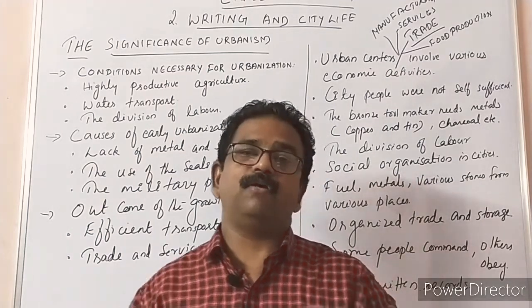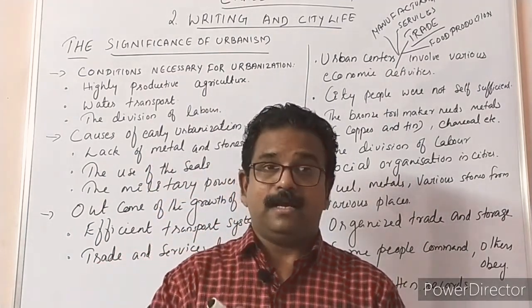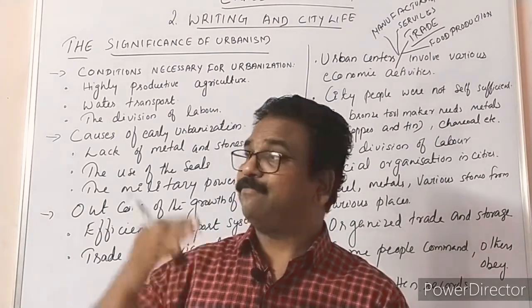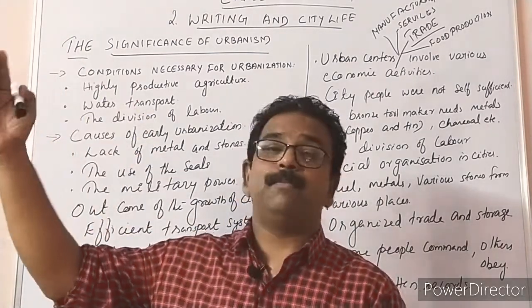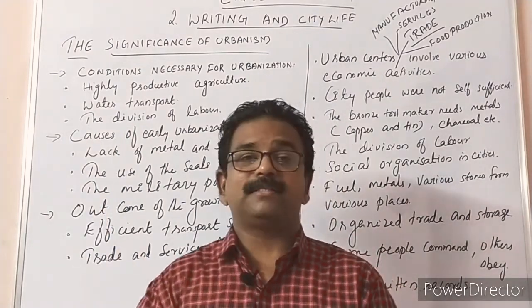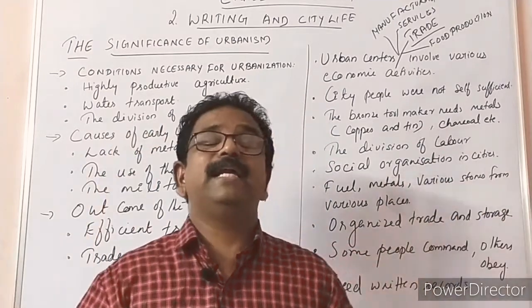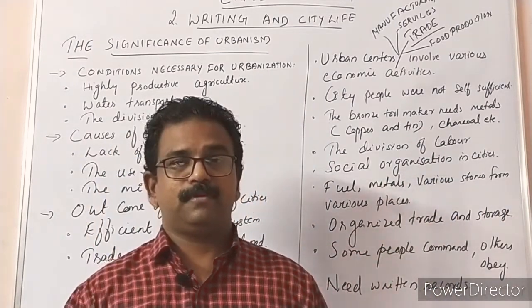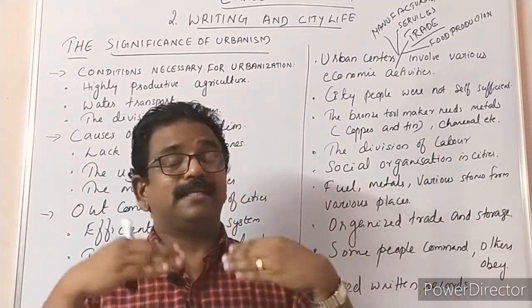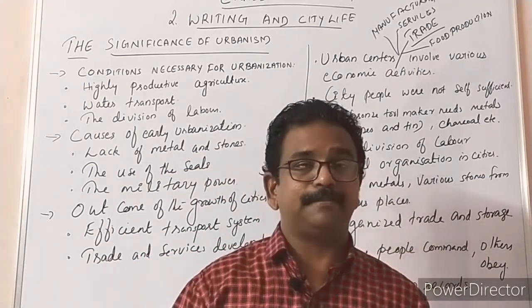Urban economy often required keeping records also, because suppose a trader came from some other place, he brought so many kilograms of metals, fuels, and he has given them to this person and that person, so he needs written records also. So from this we get to know how urbanization developed there.